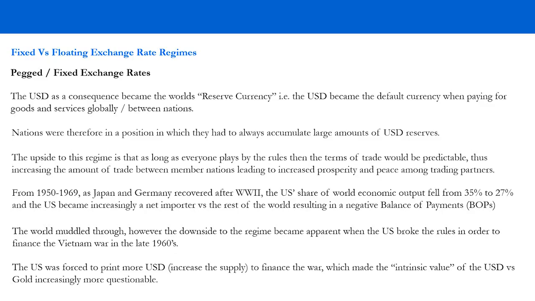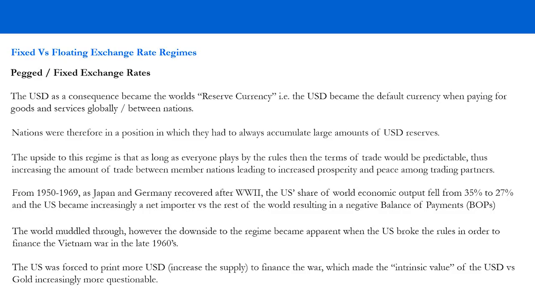So what was happening was that Japan and Germany were recovering structurally and producing goods for the international market that were in competition with US goods. And what happened was that the US increasingly became a net importer of Japanese and German goods versus the rest of the world, resulting in a negative balance of payments within the United States. So the US ended up with a deficit.